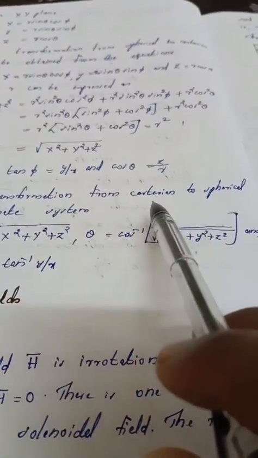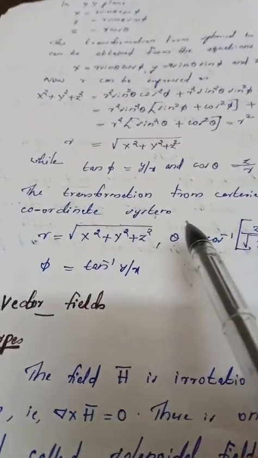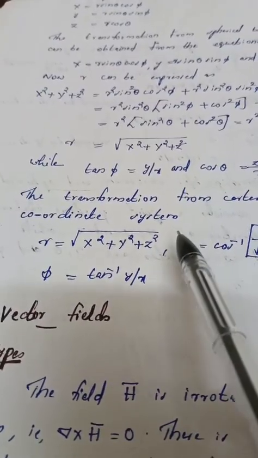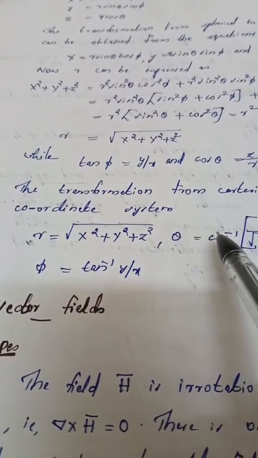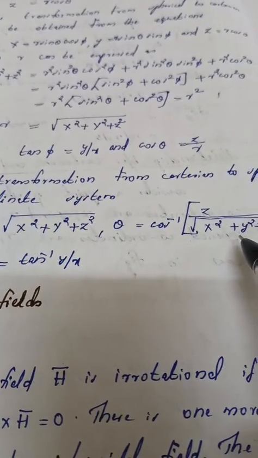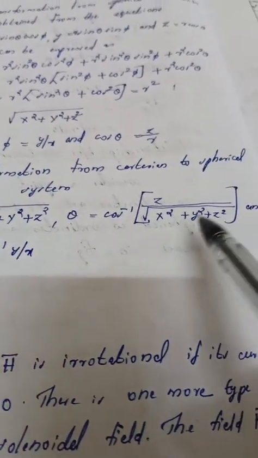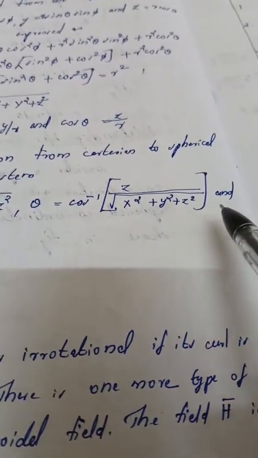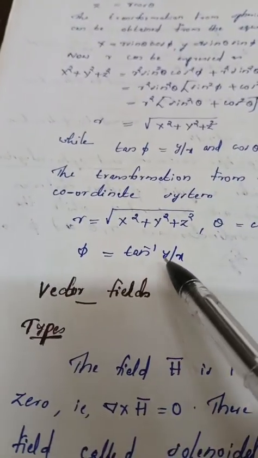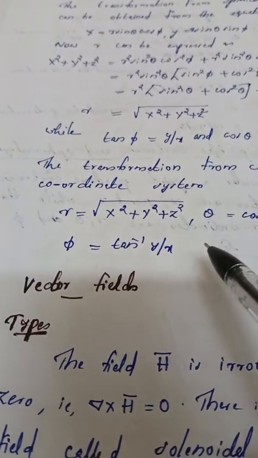The transformation from Cartesian to spherical coordinate system is r equal to root of x square plus y square plus z square, theta equal to cos inverse of z by root of x square plus y square plus z square, and phi equal to tan inverse of y by x.